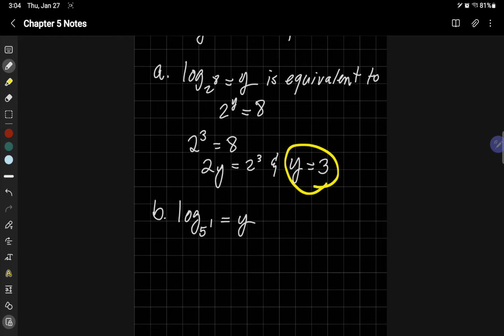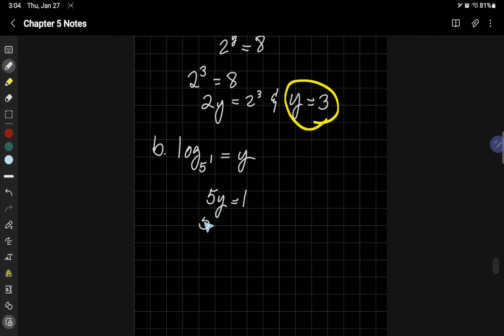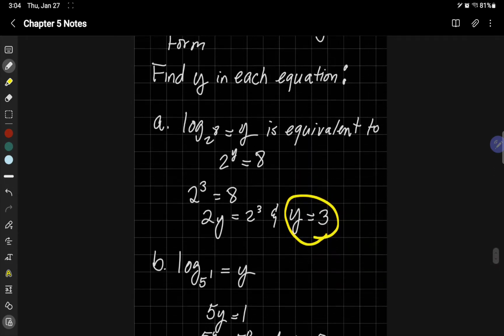Okay, it's equivalent to 5 to the y. And we have 5 to the y.